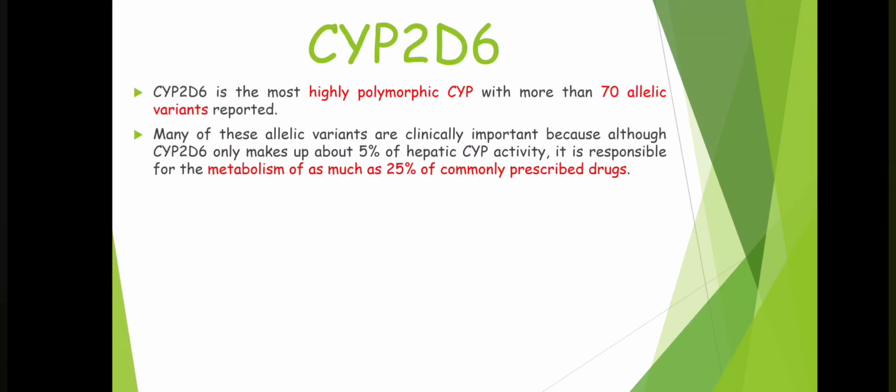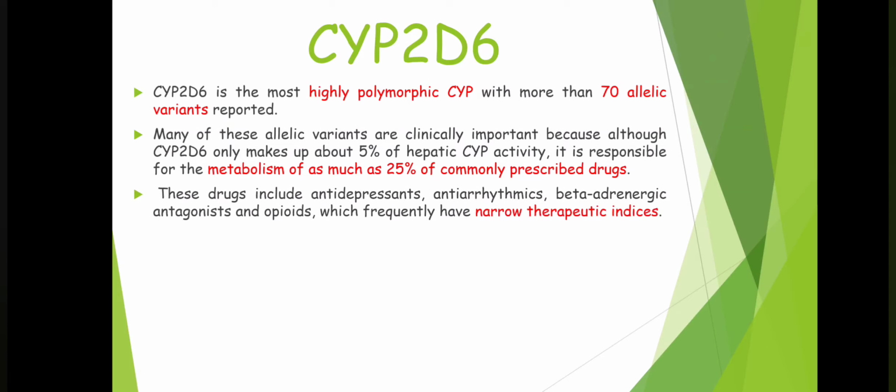Many of these allelic variants are clinically important because although CYP2D6 only makes up about 5% of hepatic CYP activity, it is responsible for the metabolism of as much as 25% of commonly prescribed drugs. These drugs include antidepressants, antiarrhythmics, beta-adrenergic antagonists, and opioids, which frequently have narrow therapeutic indices.